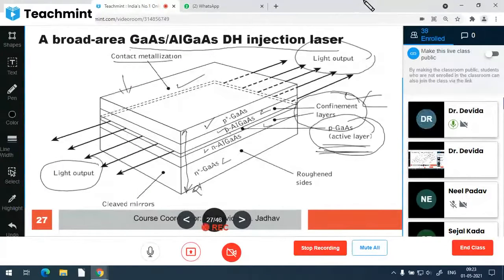And the other two regions are P plus and N plus, which provide large density hole and electron regions for better conductivity. So mirrors are there on this side as well as this side. So this is the construction of the broad area GaAs AlGaAs double heterojunction injection laser.